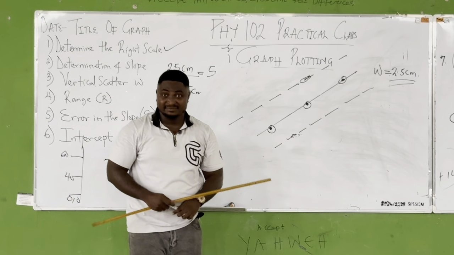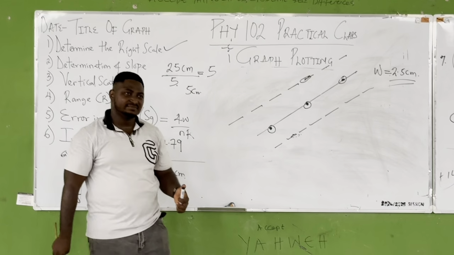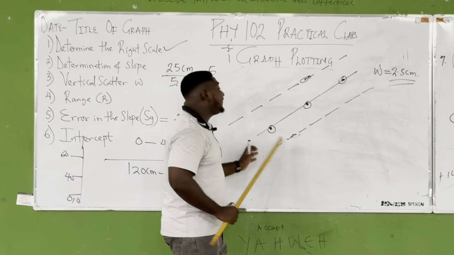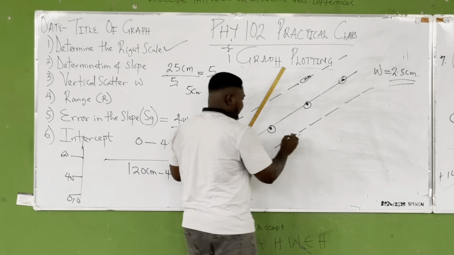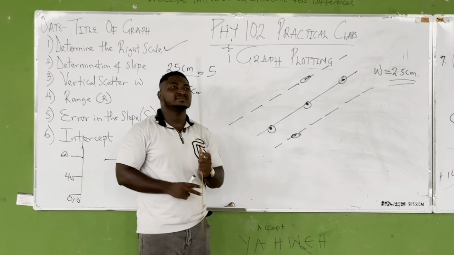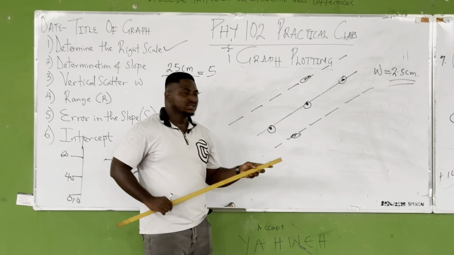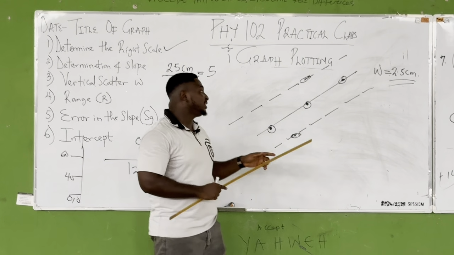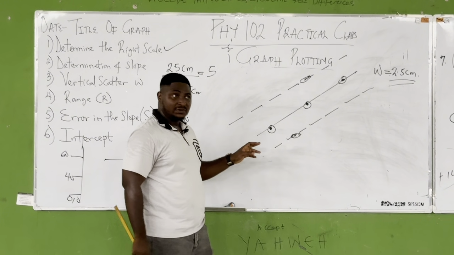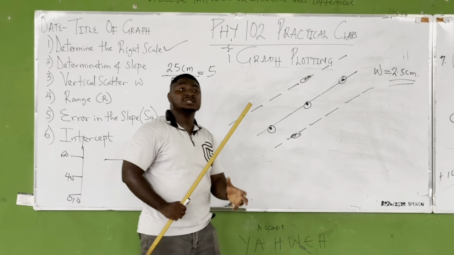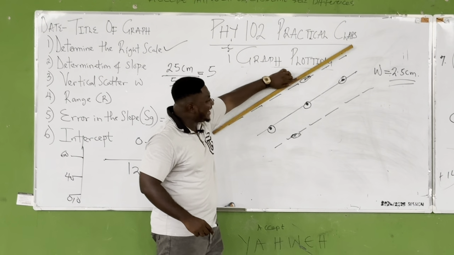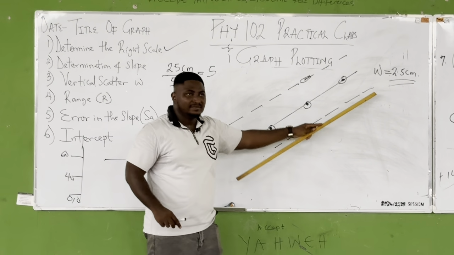Shall I come again? Let me come again. Class, your graph has 5 points. Follow me. Please look up. Your graph has 5 points. Among the 5 points, only 3 points met and are part of your line. Those other 2 points that were not included, you're going to draw what? A dotted line to represent them.